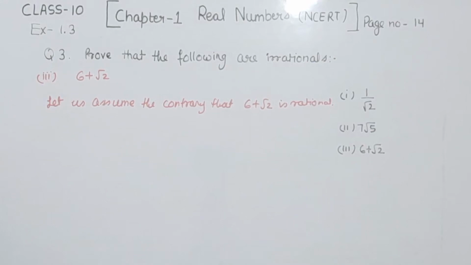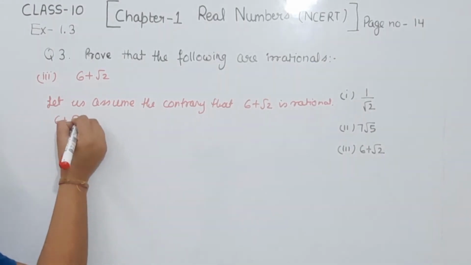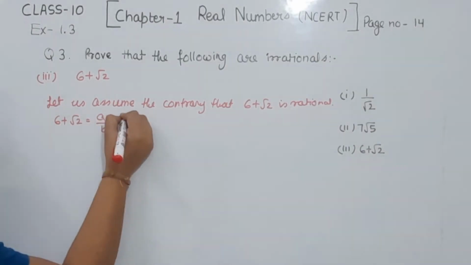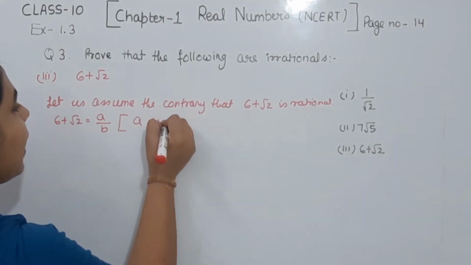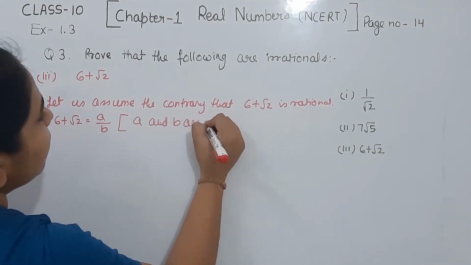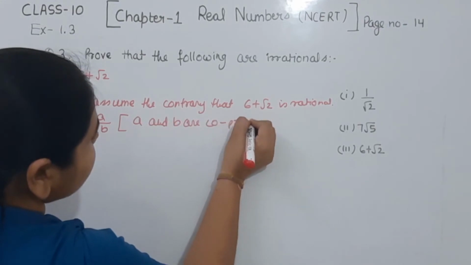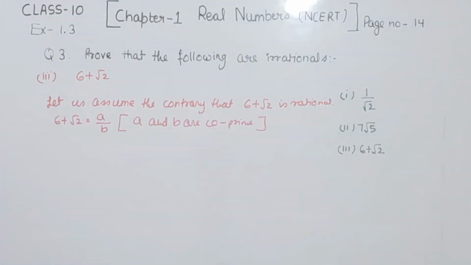Then 6 plus root 2 is equal to a by b, and a and b are co-prime, meaning they have only 1 as their common factor.